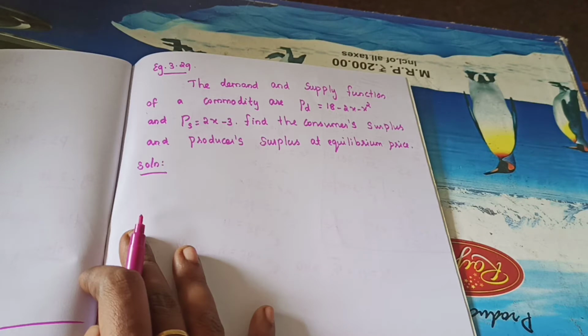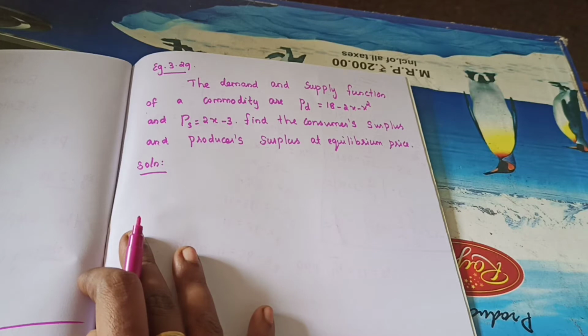Find the consumer surplus and producer surplus at equilibrium price. So the equilibrium price you need to find.